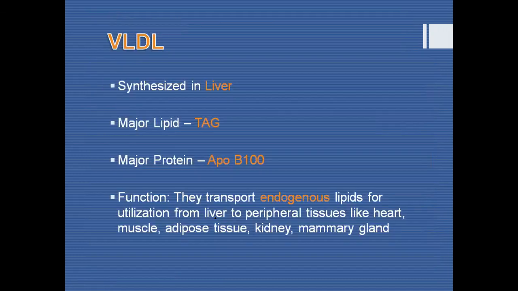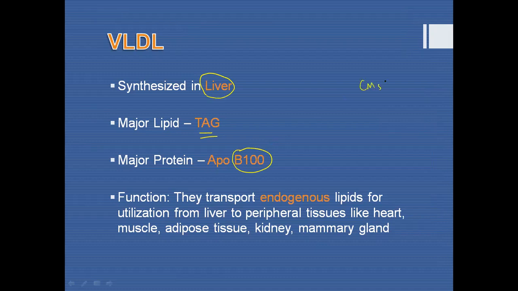The second important lipoprotein is the VLDL. Now VLDL and chylomicron both undergo the same type of metabolism. The minor difference is that the VLDL will be synthesized in the liver. The major lipid here also will be the triacylglycerol. The protein which is necessary here is ApoB100.